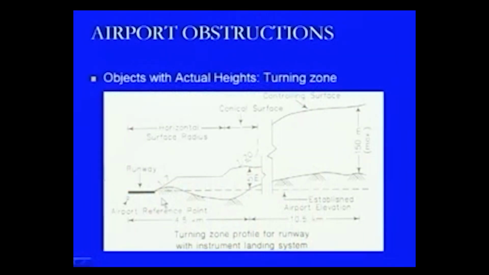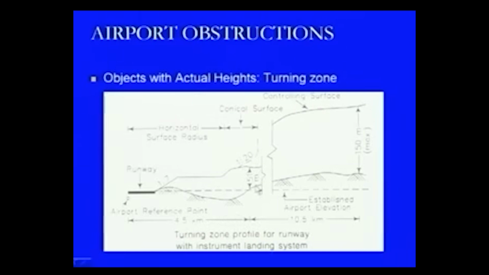This is the turning zone profile from the runway, where it starts from the end of the runway strip, and we see a conical surface of 1:7 grade, which then becomes horizontal, then again it increases and takes a grade of 1:20, and this is at a distance of 4.5 kilometers.